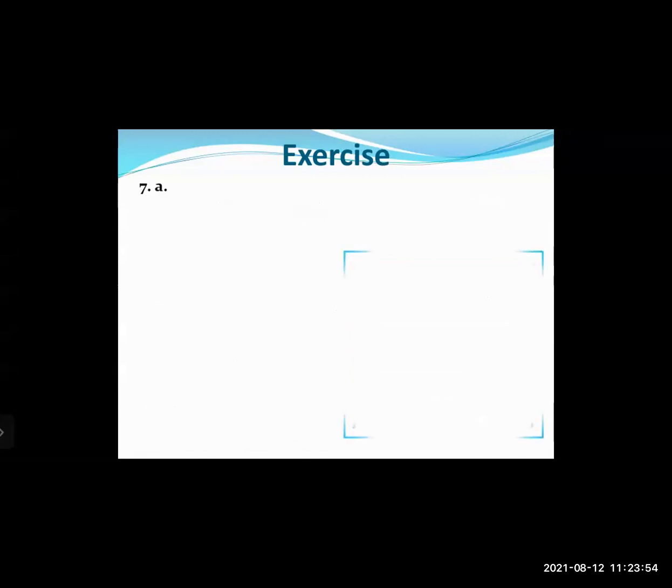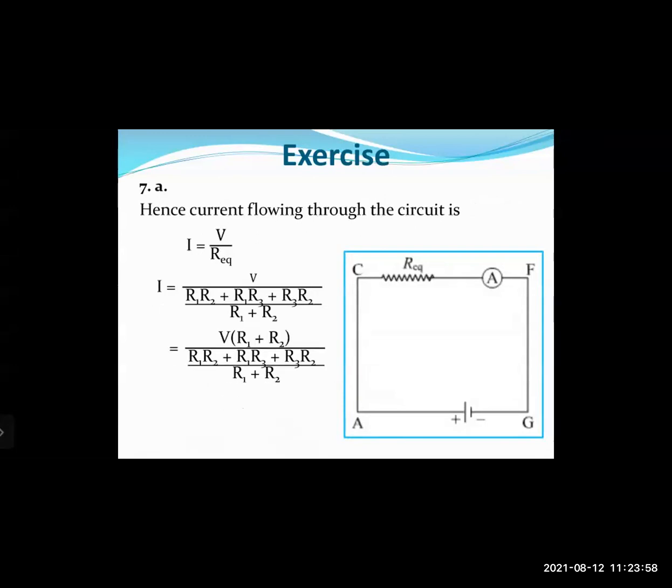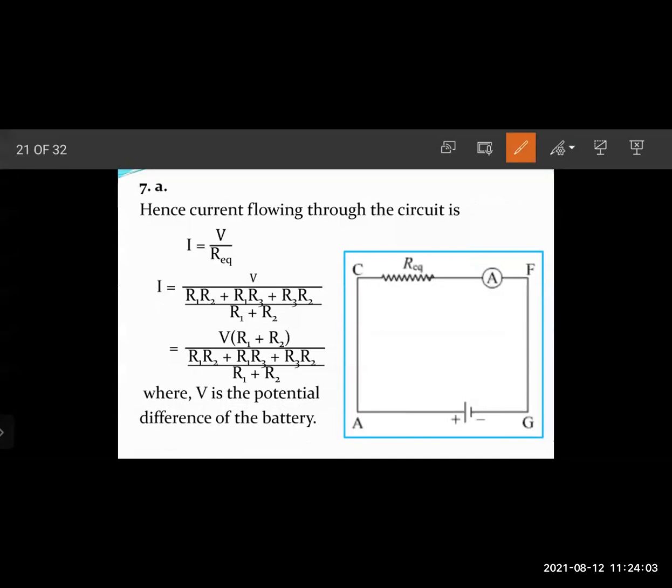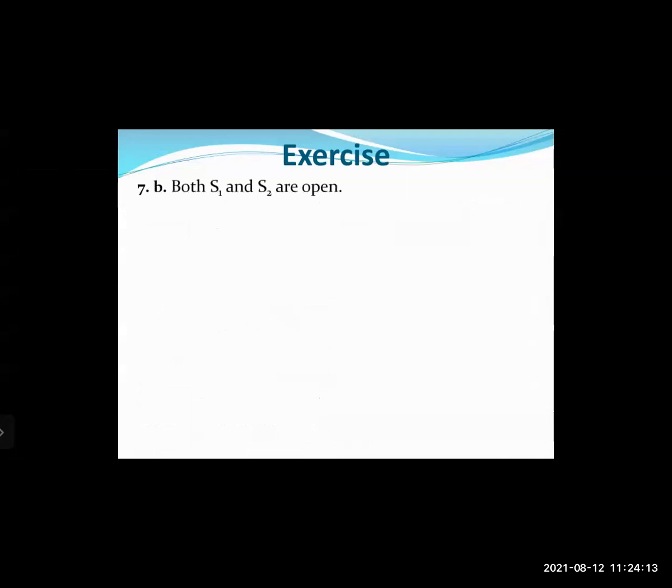Then the next one. In this case, this part is not there. Now you can take a screenshot. Okay, then.